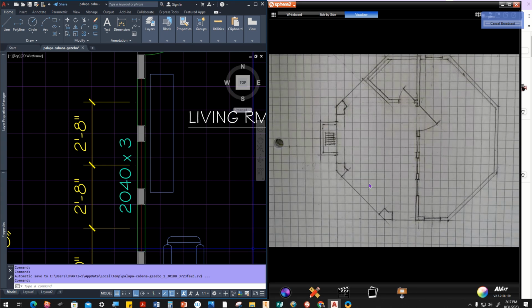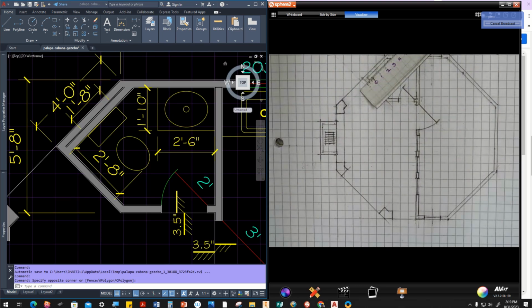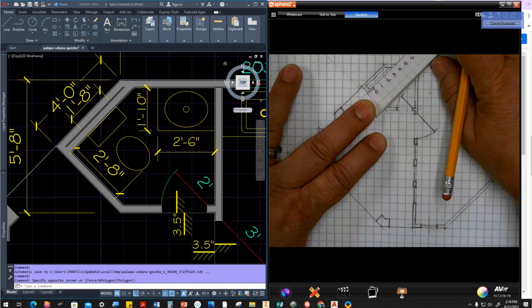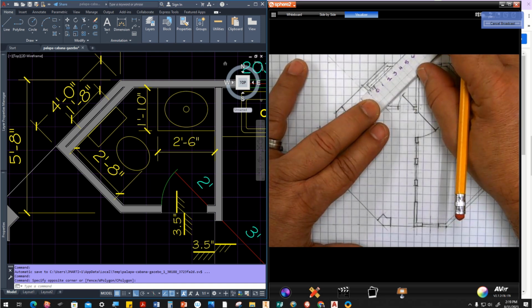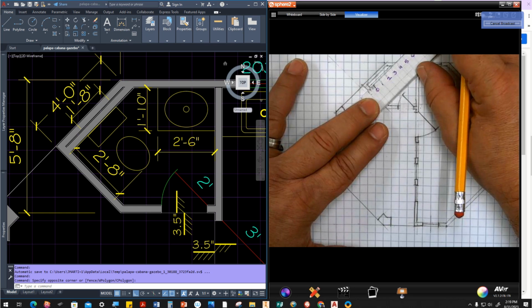Go ahead and finish this. I was saying that the toilet will be centered in this wall, and the wall measures 3 feet 6 approximately.